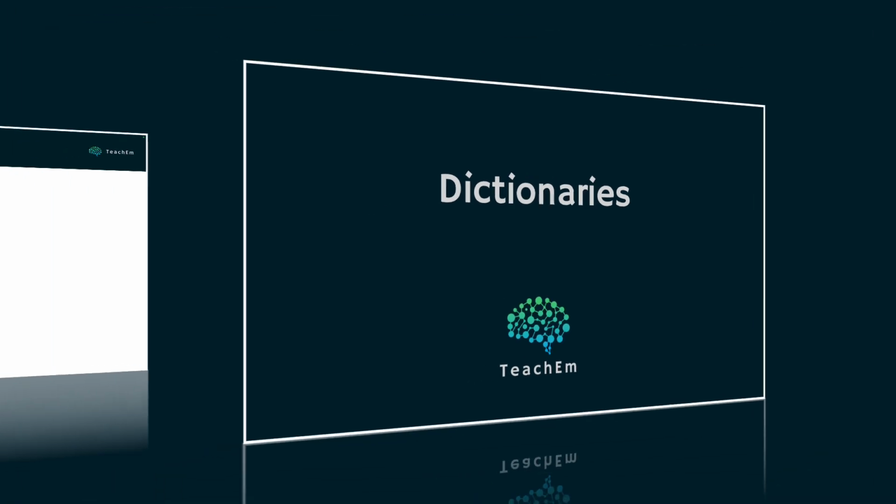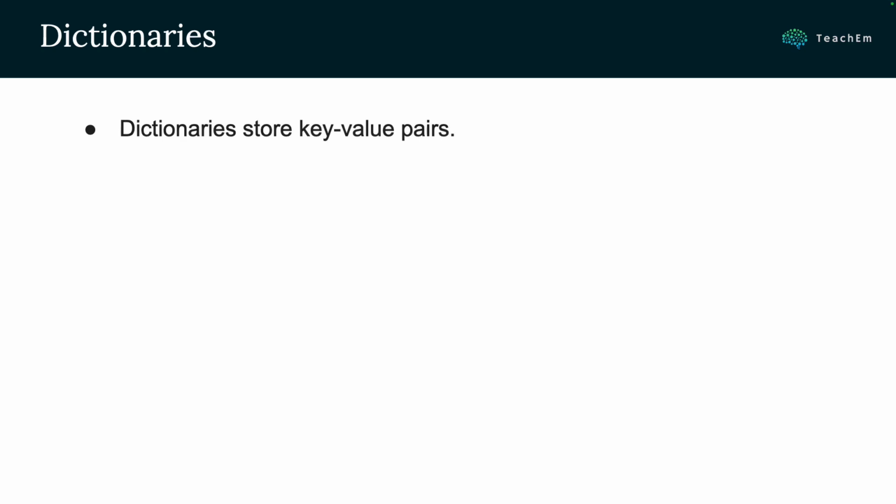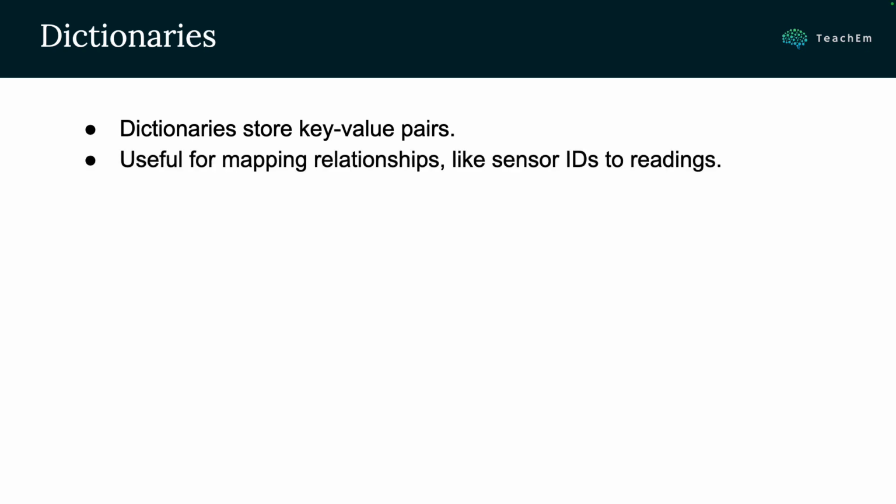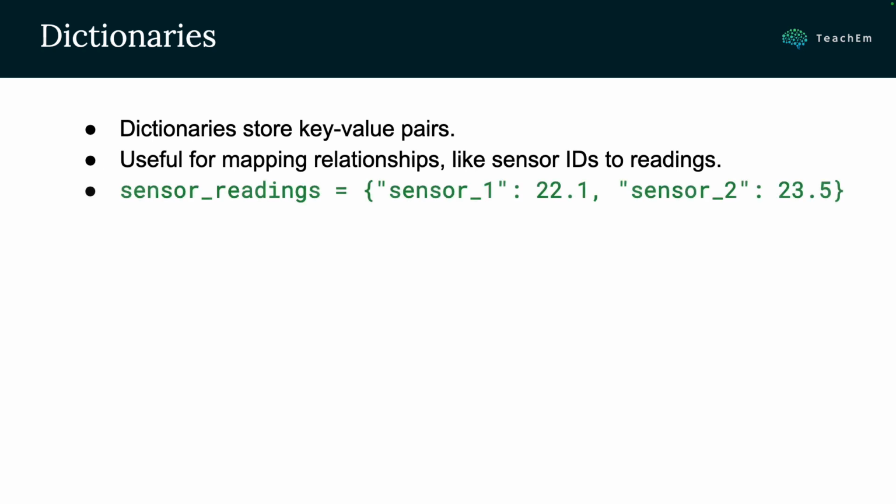Finally, we have dictionaries. Now, a dictionary is simply a collection of key value pairs, where each key is associated with a specific value. This is particularly useful where you want to map relationships between data. For example, if you have multiple sensors in an experiment, each identified by a unique ID, you could store their readings in a dictionary. Here we have a variable called sensor readings.